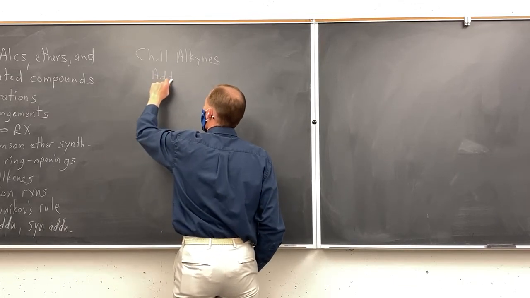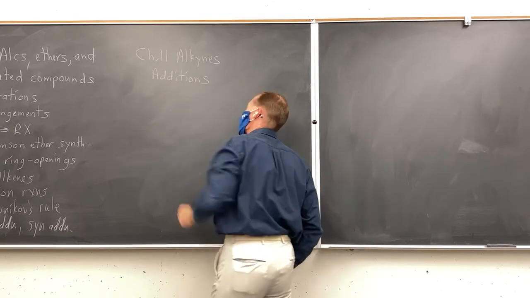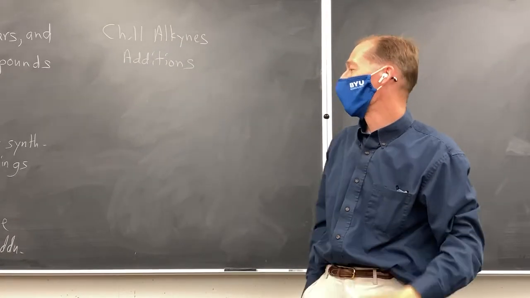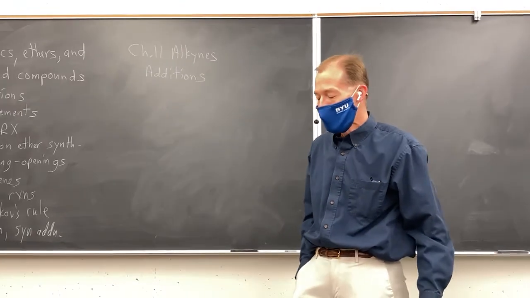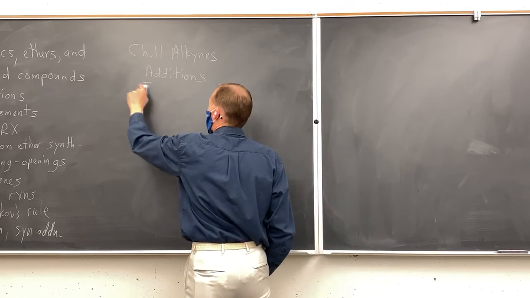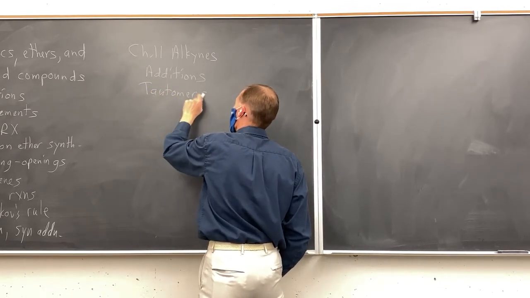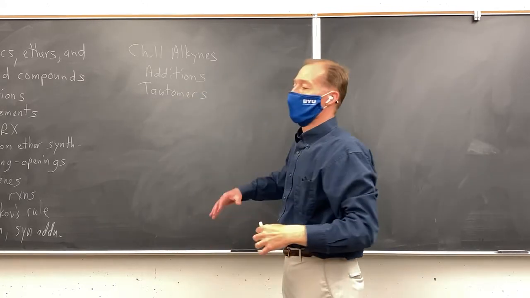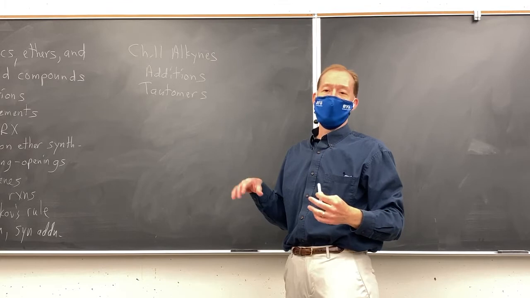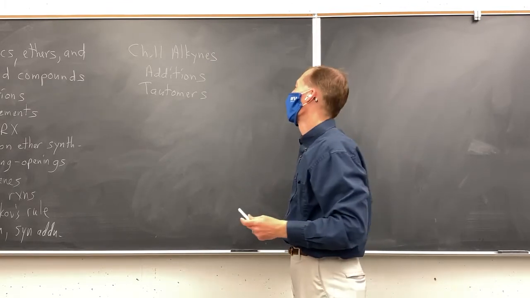So we had some addition reactions that were comparable to the addition reactions we had in chapter 10. There was something new. We learned about tautomers here because when we hydrate or do a hydroboration oxidation of an alkyne, we generate an enol, and we learned that enols and ketones are tautomers of each other.